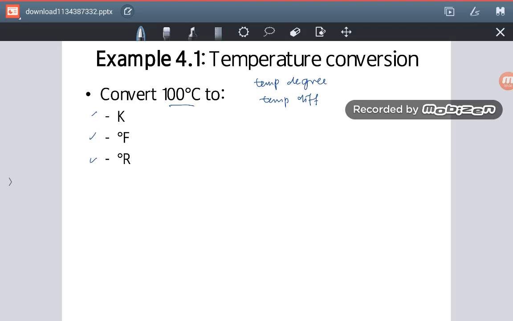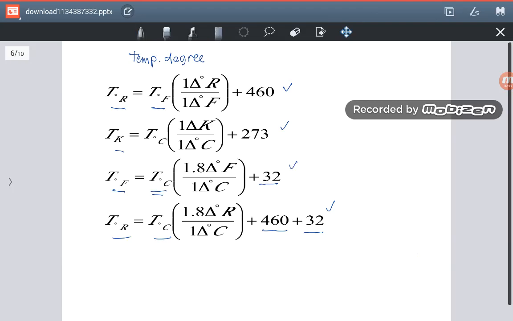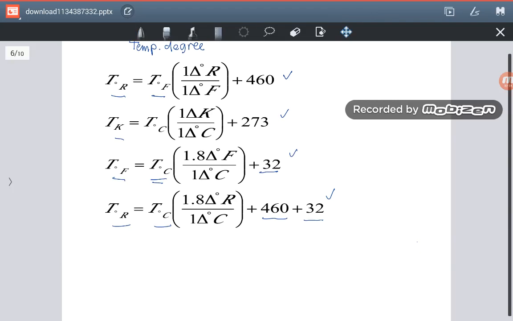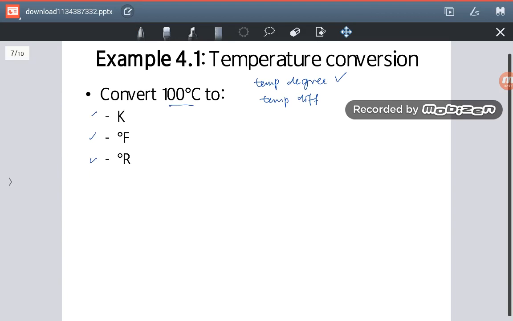So which one? This is a temperature degree because we don't have any difference in terms of temperature. So it's just straight away using this formula in order to convert that degree C to Kelvin and so on.